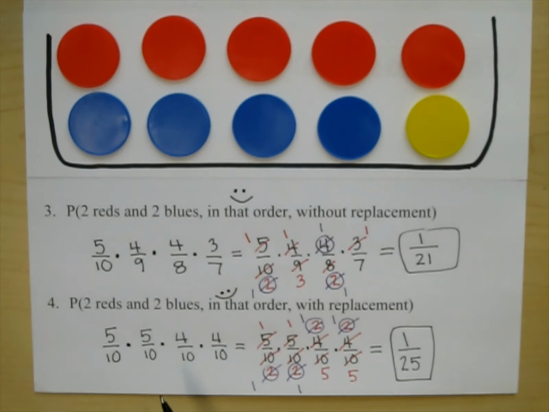Another thing to realize is the sample space for this one right here. If you drew out all the possibilities that can happen, it would be 10 times 9 times 8 times 7. That would be a lot of marbles. It would be thousands of marbles. Whereas this one would be 10 times 10 times 10 times 10 if you drew out all the possibilities, and that would be, I think, 10,000.